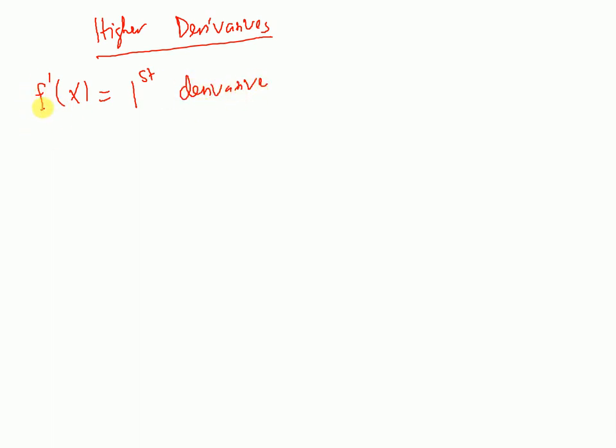Now if we take the derivative of the derivative, it will become the second derivative. So if we take the derivative one more time, it will give you f double prime of x, or the second derivative of the function.